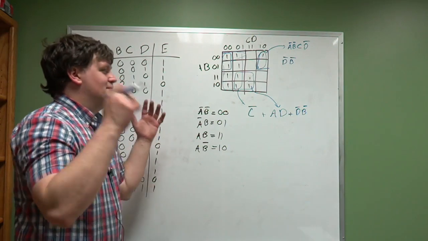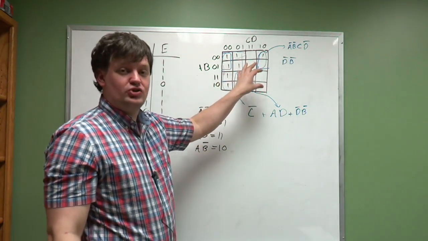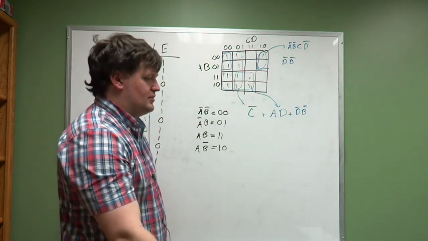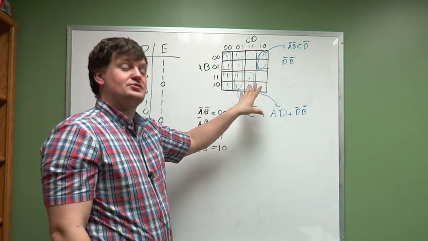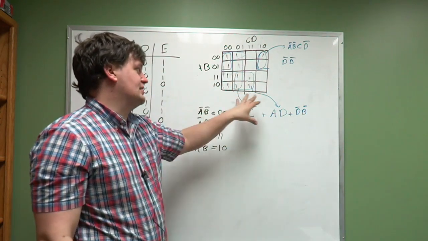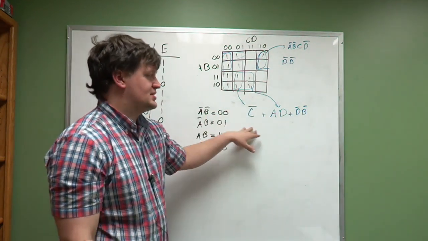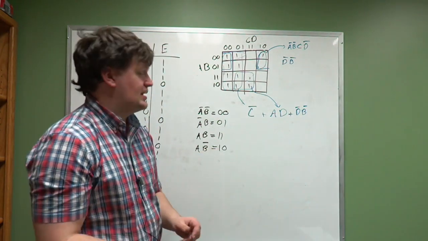So be aware, the easier, if you can lump these together in squares and rectangles, nicely and neatly, packets of 2, 4, or 8. It's going to simplify your Karnaugh Maps significantly. It's going to make your logic gates a lot easier.